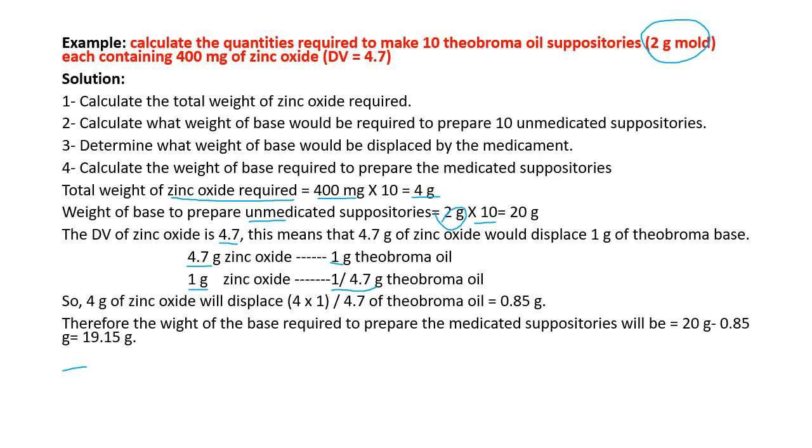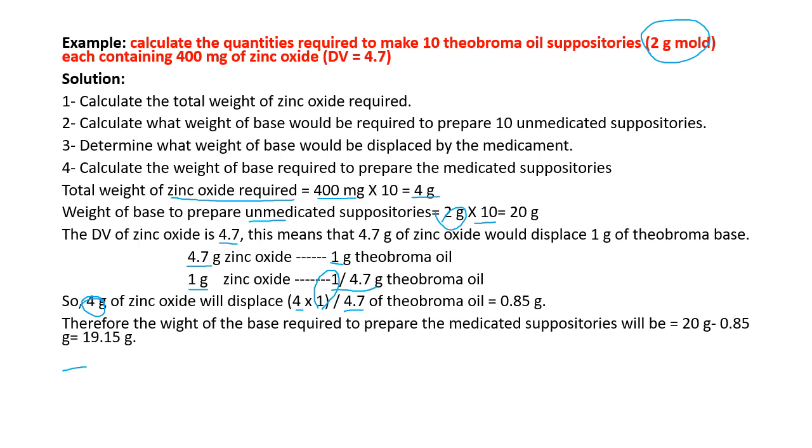So we don't have 1 gram of zinc oxide in this case. We have 4 grams, and we calculated this in the first step. So 4 grams times 1 from here, divided by the displacement value, which is 4.7.